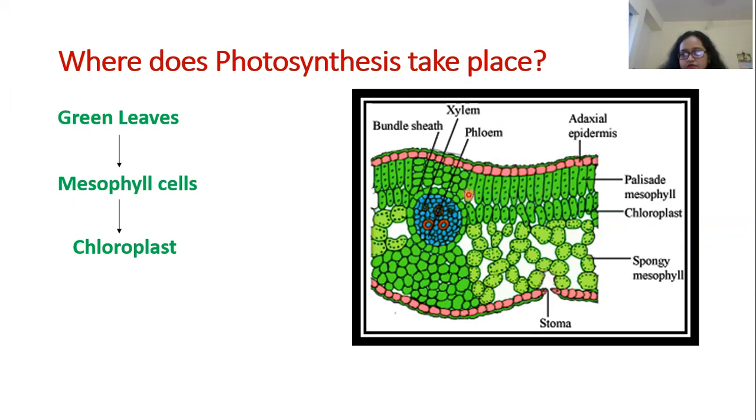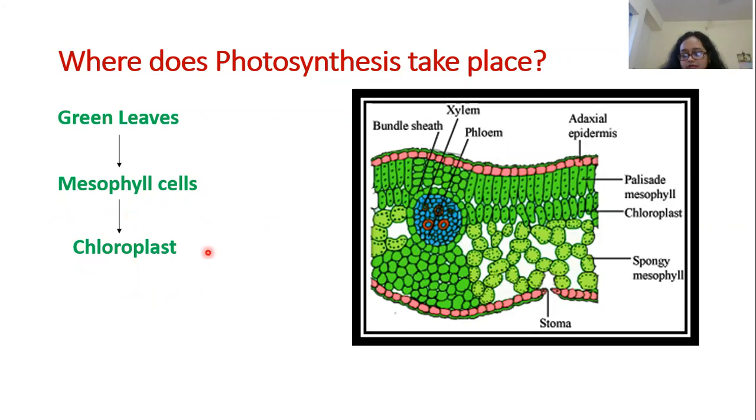Along with these mesophyll cells, you can see vascular tissues are also present here. You know the function of vascular tissues, they are responsible for the conduction of materials in between the cells. So chloroplast we will study in detail because this is the important point of our lecture.